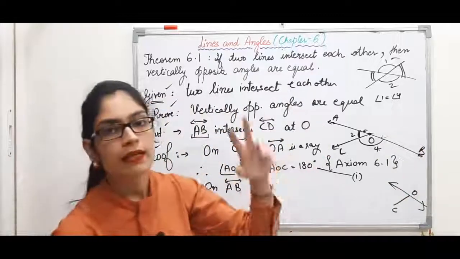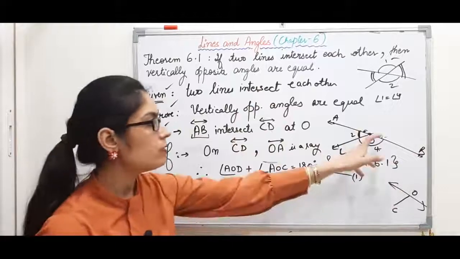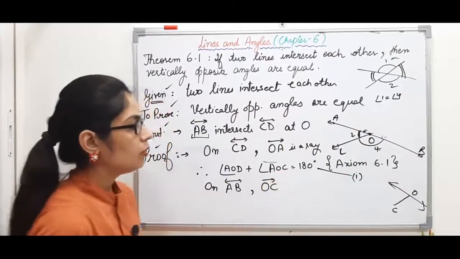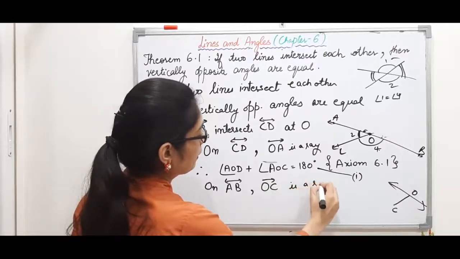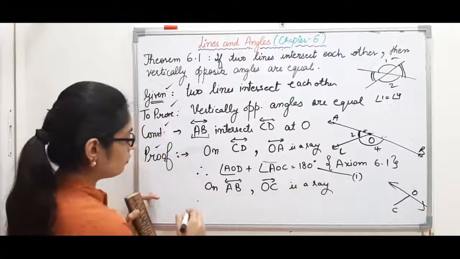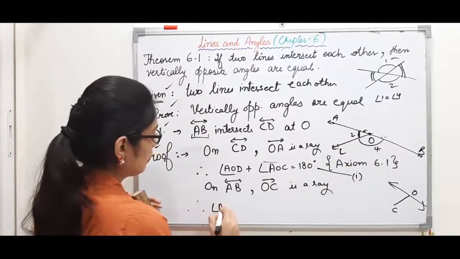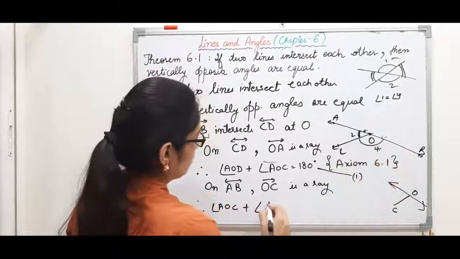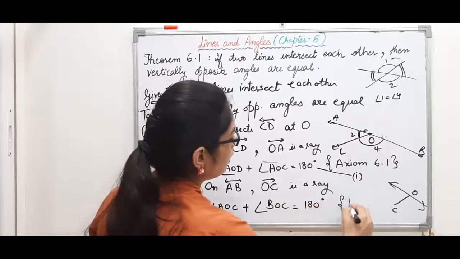Now I am taking line AB, and the ray which is standing on this line is ray OC. OC is a ray. So therefore these two angles, angle AOC plus angle BOC, it is equal to 180 degrees. Why 180 degrees?